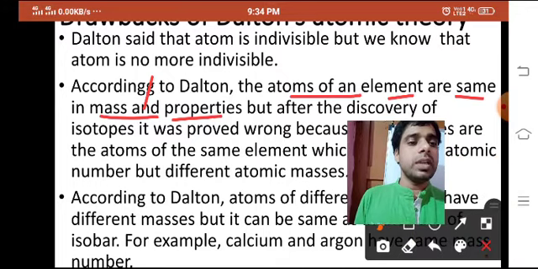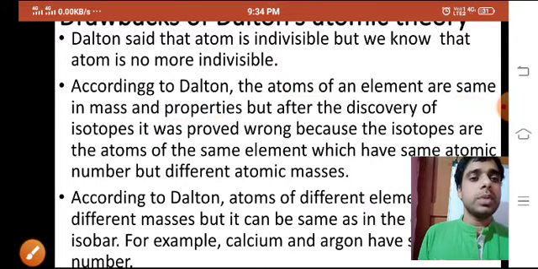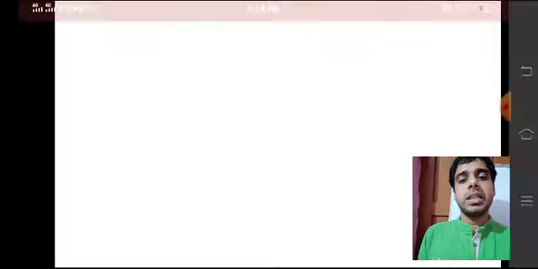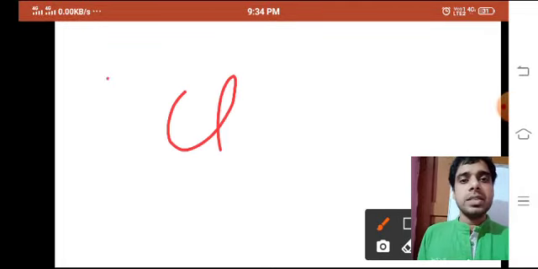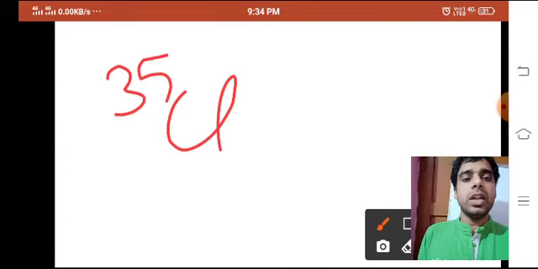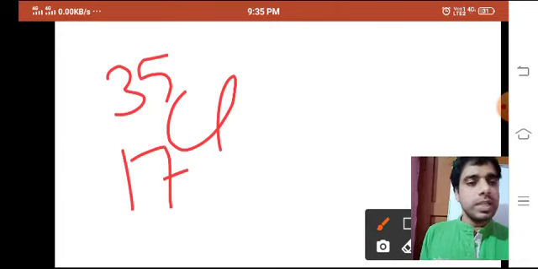I will take one example. Chlorine has 35 atomic mass, and the atomic number is the same. That's why they are isotopes.